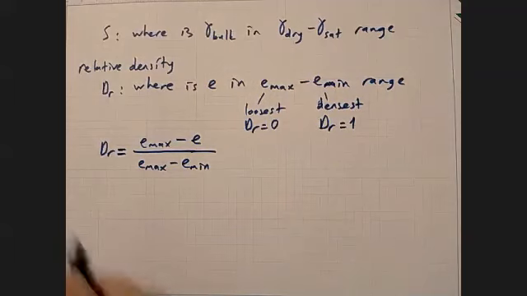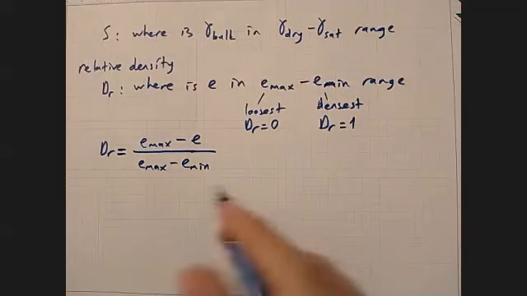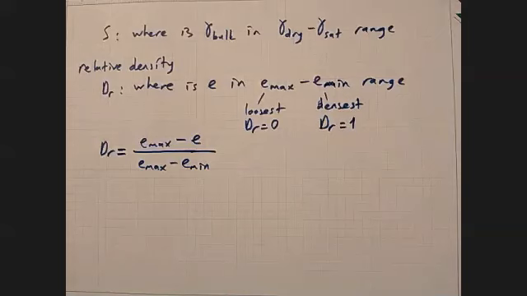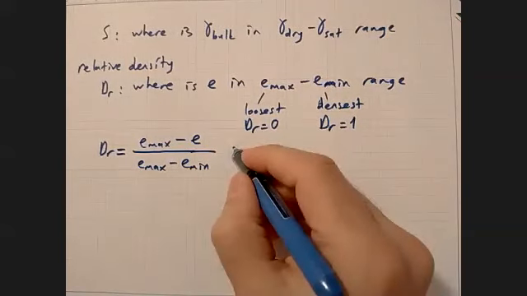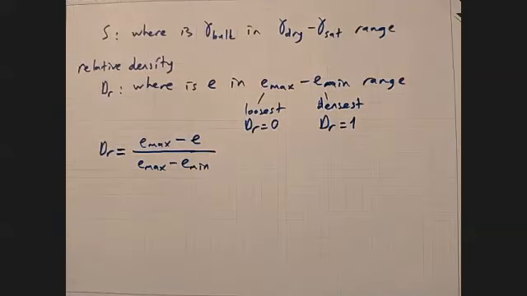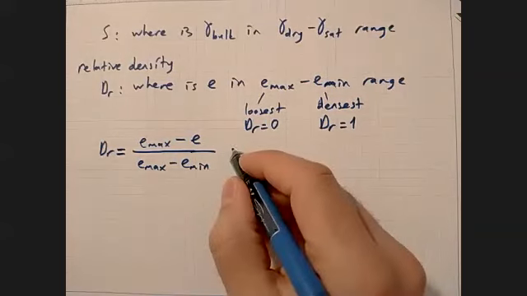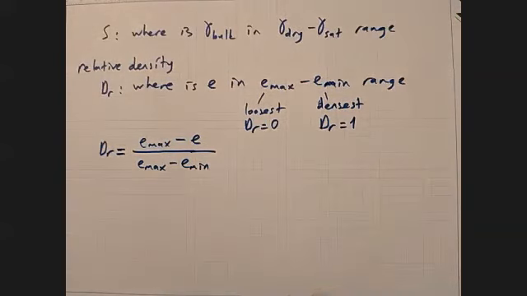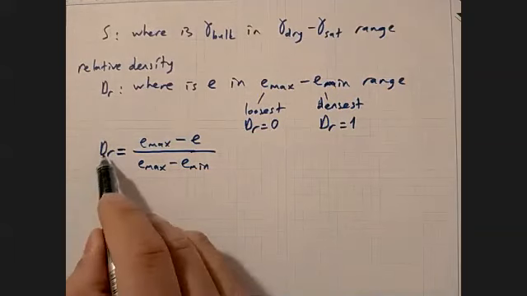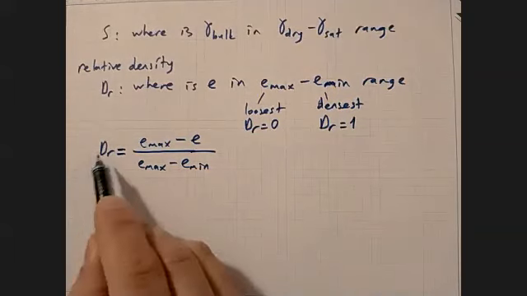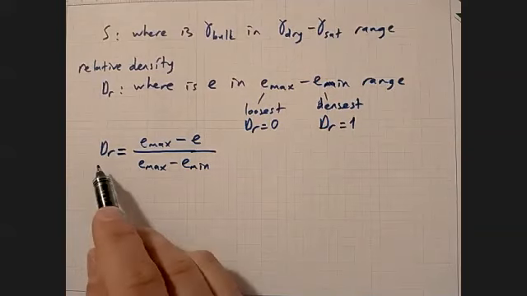Again, if you want to express it in percentile form, you can add a percentage to it. I expect you to be able to think about that mathematically. So when you see relative density of 60%, you are not going to write 60 here. You are going to write 0.6. So 0.6 is going to be 60%.